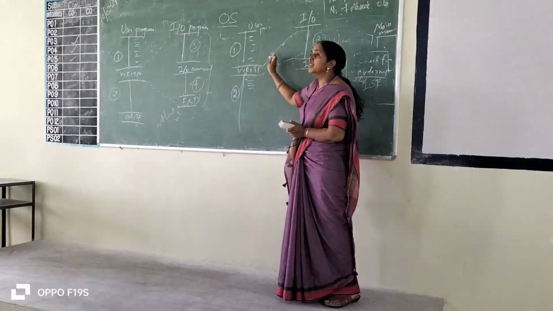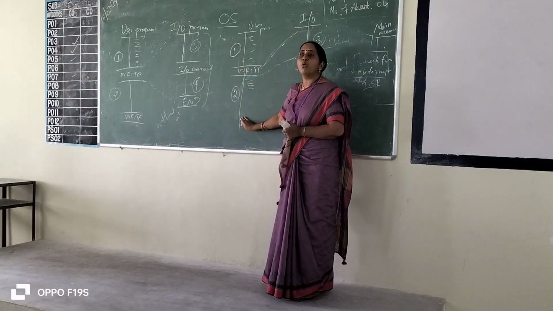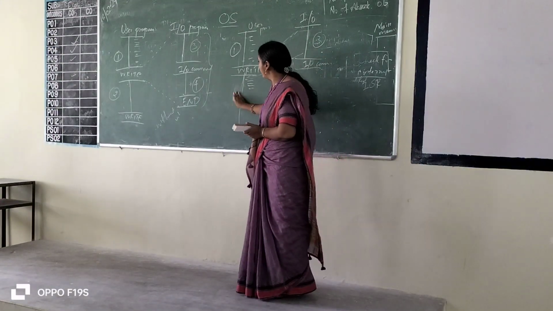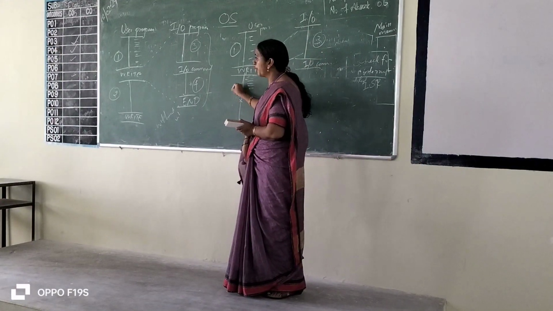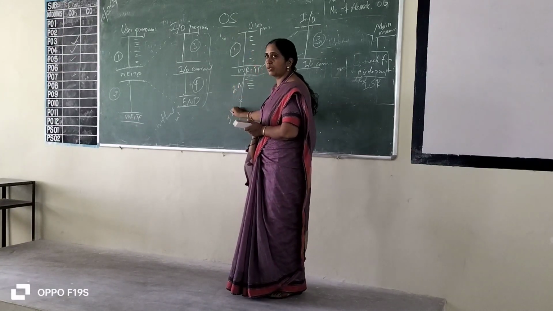At the same time, the CPU starts executing the remaining code in the user program. So you can divide this program segment 2 as 2A and 2B.